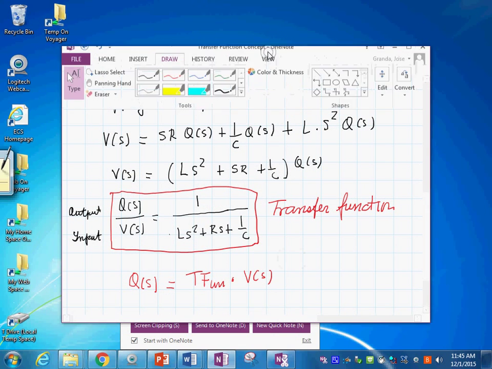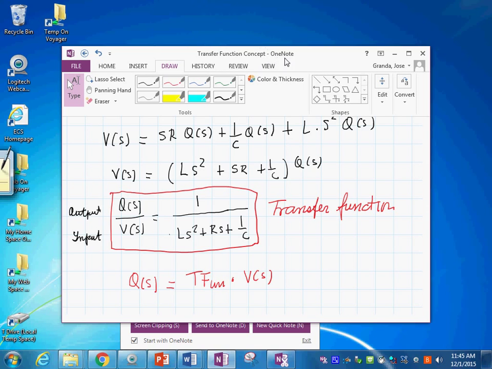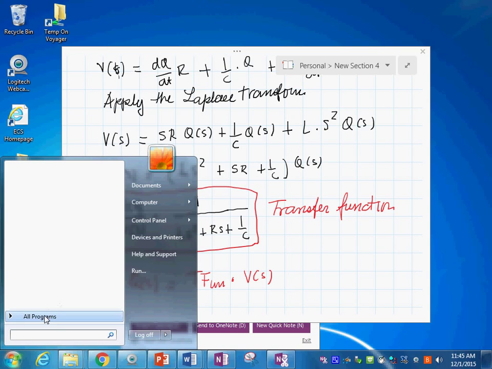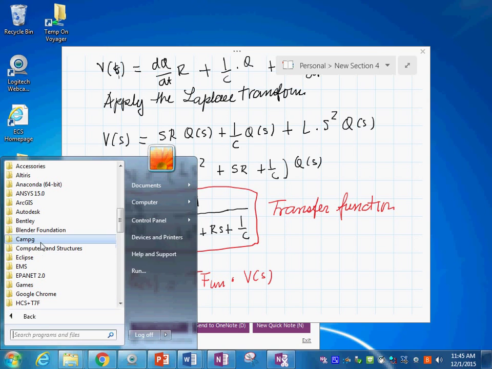I'm just interested in the transfer function. I want to move the window and it doesn't like me moving it, but okay, I'll just run MATLAB and show you real quick what we can do with this.